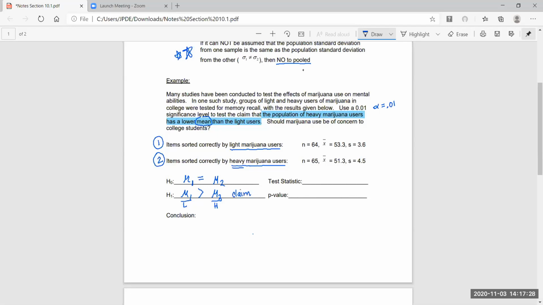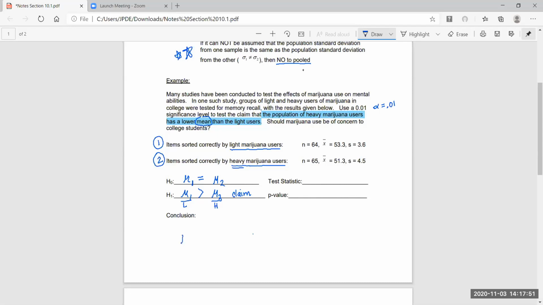This one will be our equal. And again, we're checking. Is this score on the test significantly lower for the heavy marijuana users? Or you could read it the other way around. Is the score for the light marijuana users significantly higher? You'll see here I put light and heavy.